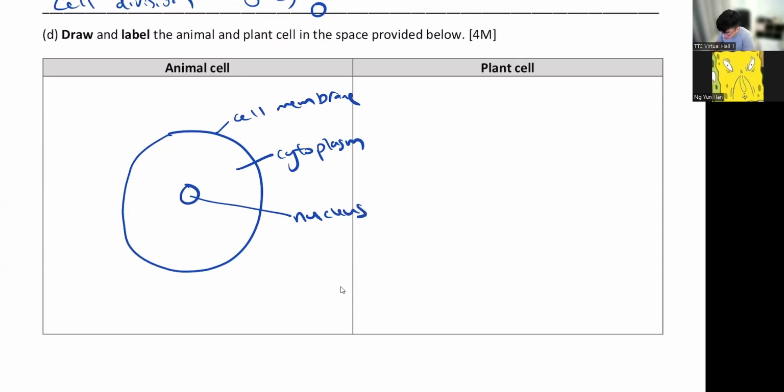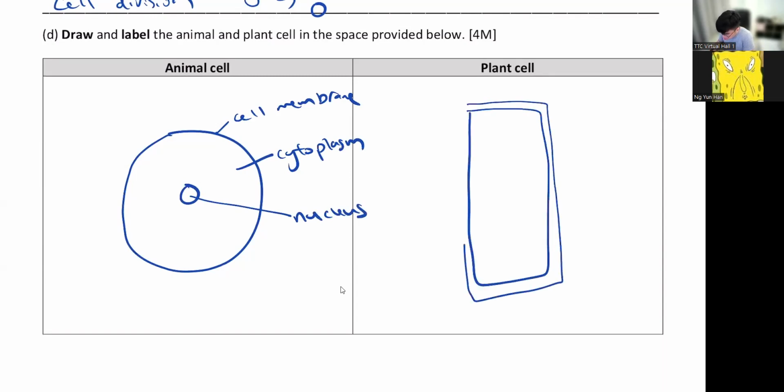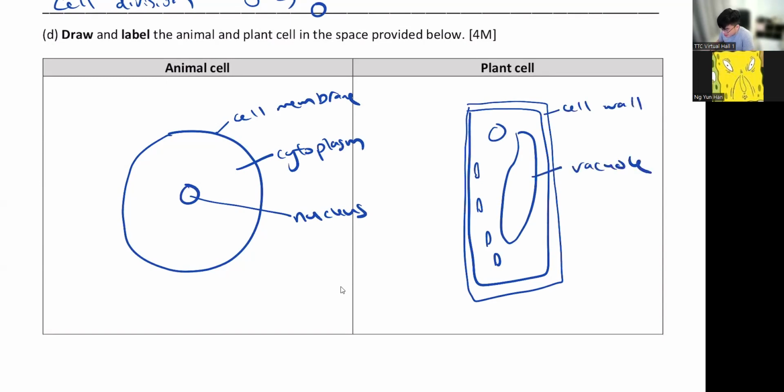Okay, and then your plant cell has 3 more. Your plant cell has this and this. I'm drawing simple lah. So this is your cell wall. This is your vacuole. I label the rest lah. And this is your chloroplast.